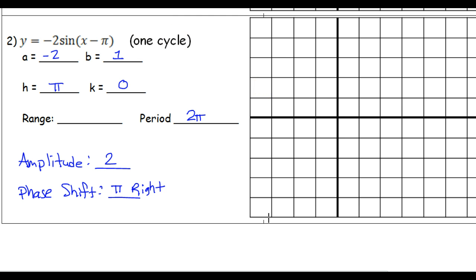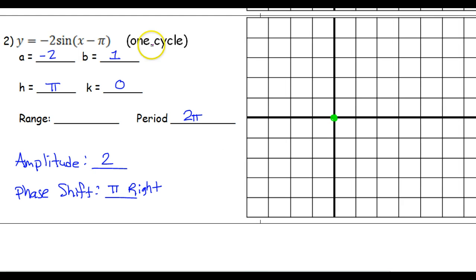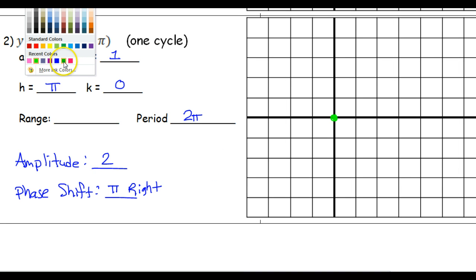So we will start at the midline. Now this is my skeleton. I'm going to save the phase shift for last, so don't connect any dots. I haven't labeled the axes yet, so let me do that first.